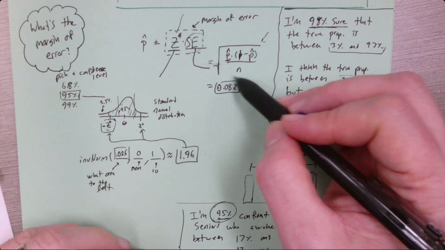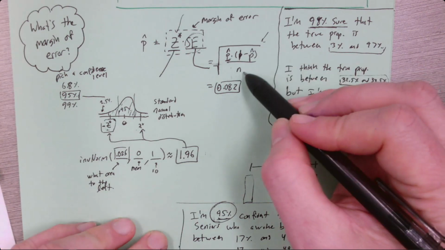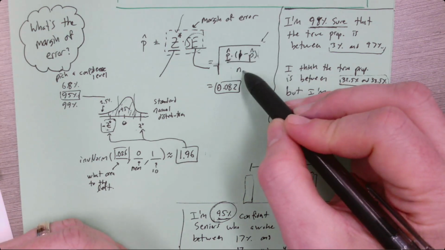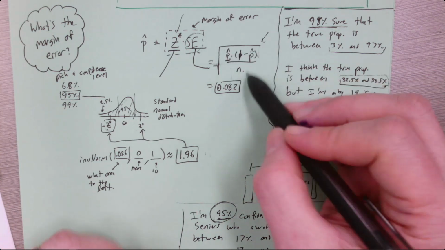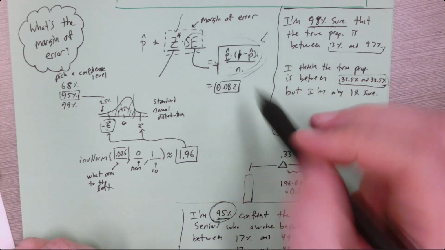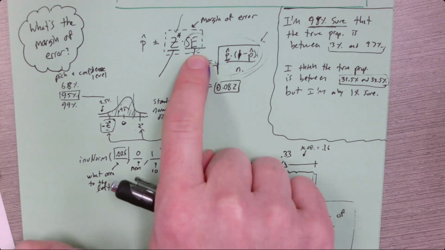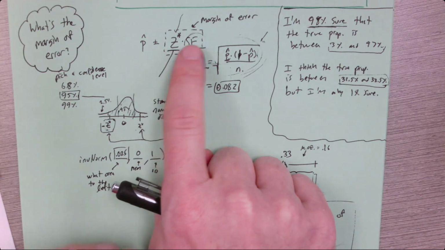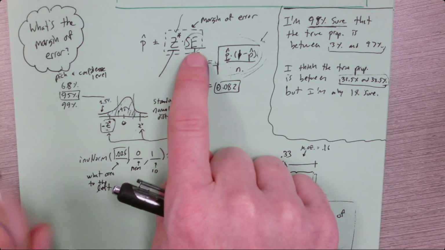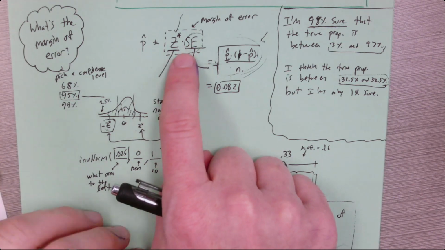So if I asked 1,000 people, whatever this number in the numerator is, now I'm going to divide it by 1,000. That's pretty big. And so if I divide by a really big number, this is going to become a very small number. And if the standard error is a very small number times z star, it's still going to be very small. So I'm going to get a much smaller margin of error.